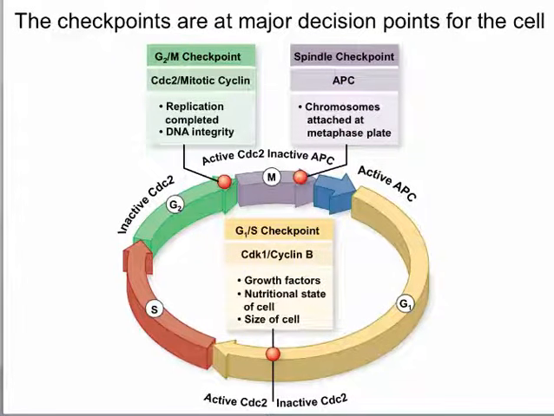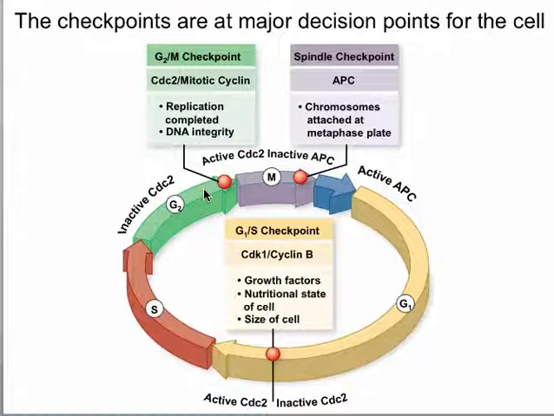Just to review, the points in which the cell is going to check whether it should commit to cell division: the G1/S checkpoint, in which the cell checks that it has the signals to grow, that it is a cell that should commit to division, that it has a good quality of DNA and has a good size to go into synthesis of the DNA.